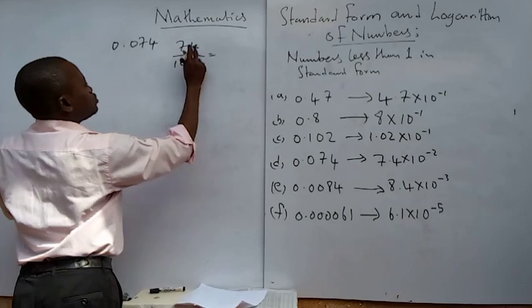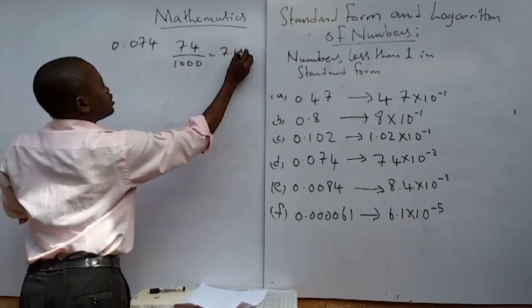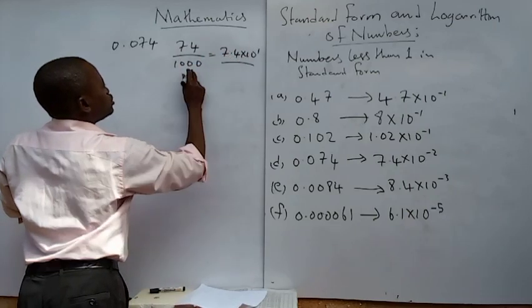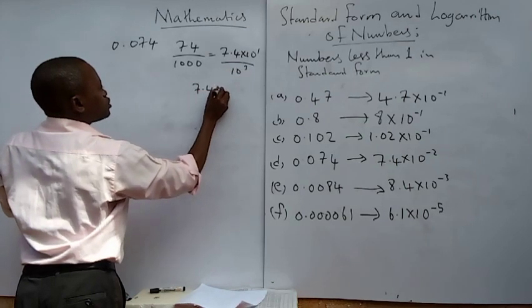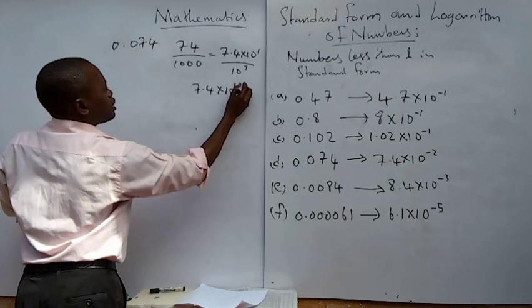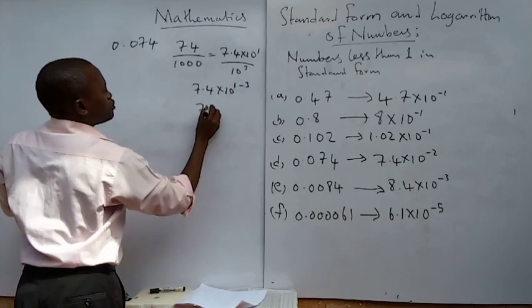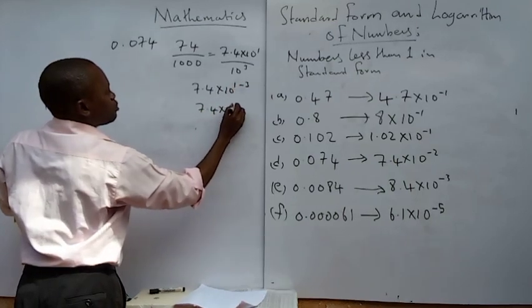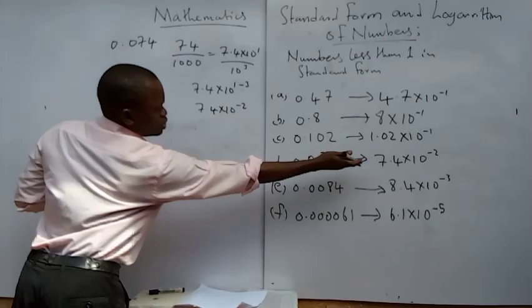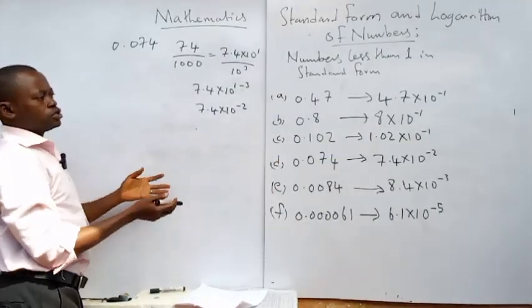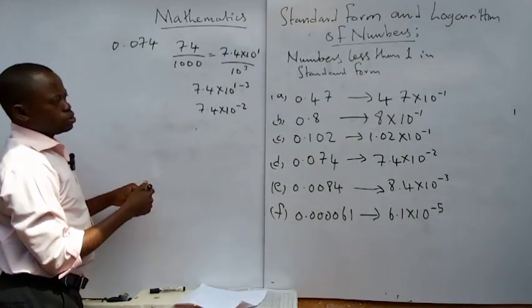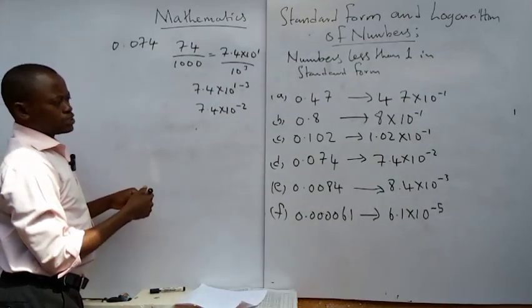Which is 7.4 times 10 raised to power 1, and this will be 10 raised to power 3. And you know that 7.4 times 10 raised to power 1 minus 3 will give you 7.4 times 10 raised to power minus 2. So can you see it there? So this is my way of bringing us close to the knowledge of standard form.